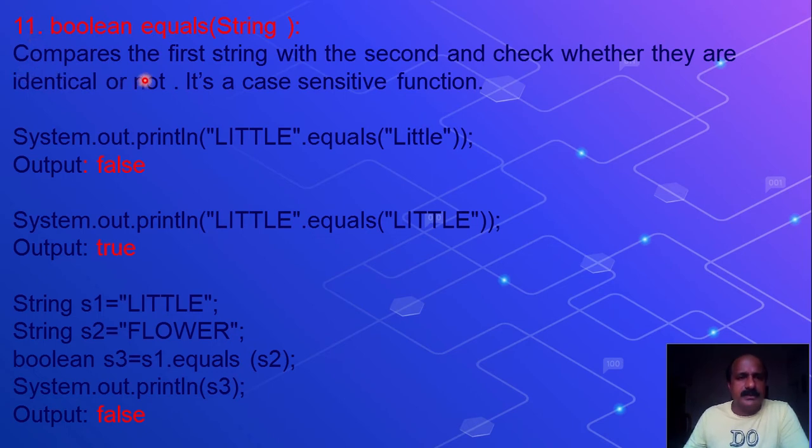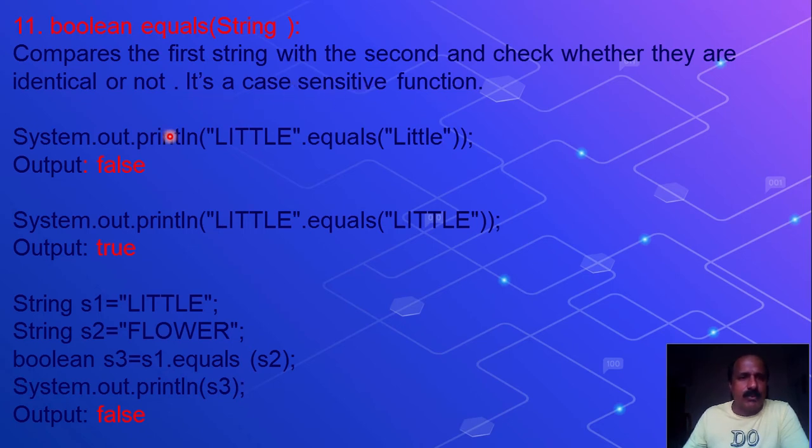It compares the first string with the second and checks whether they are identical or not. It's a case sensitive function. I am reading it again: it's a case sensitive function. That means uppercase and lowercase letters will be treated differently.